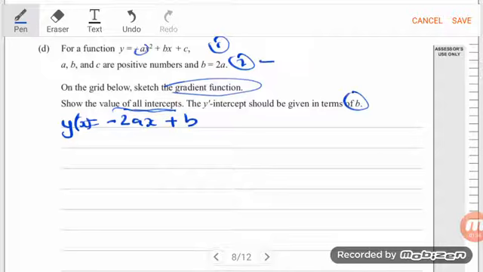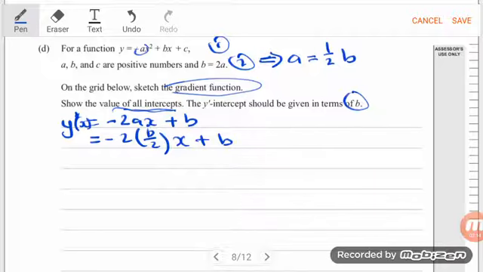So if we rearrange this, a is equal to half of b, basically. So if we substitute that into our equation, that gives us negative 2 times b over 2 x plus b.